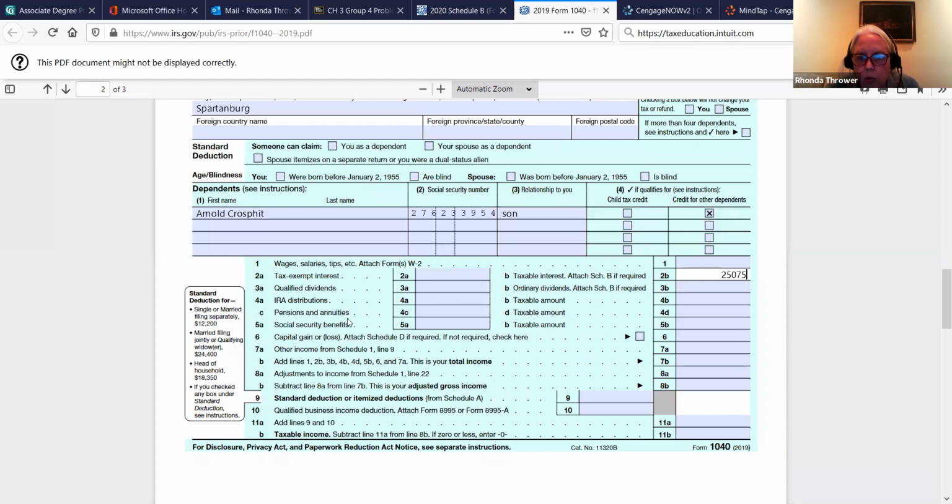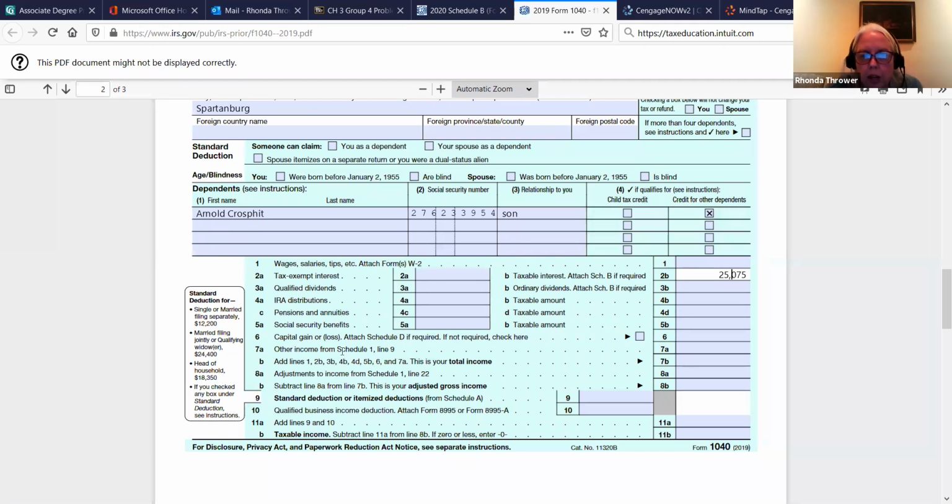So you just scroll through and read each one of these separately until you get to something that you might have. What we did have in this problem was some income from the business, and we had hobby income.